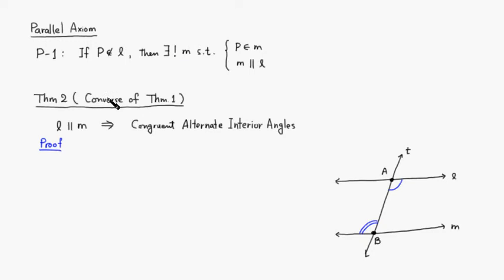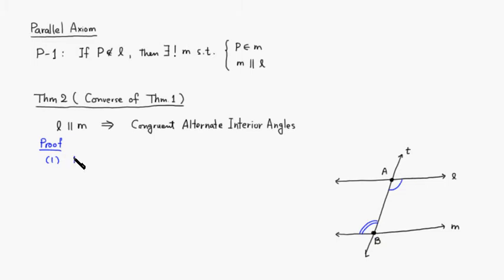All right. So here's theorem 2, which is the converse of theorem 1 we just looked at. Let's assume that L is parallel to M. So given would be L is parallel to M. In this picture, M goes through B, which is the exterior point.